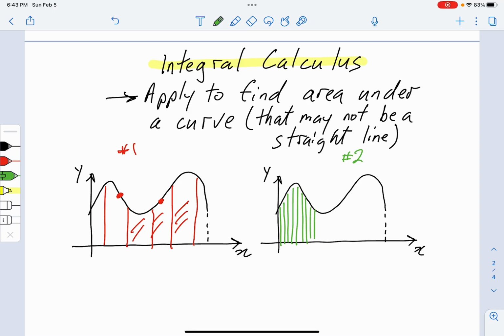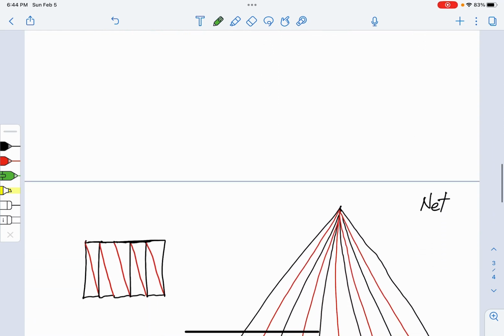The thinner these boxes are, the better our estimate would be. In fact, we can make these boxes infinitely thin. So that's a little bit of a look at integral calculus. We're going to see how this applies down below in very simple terms. Okay, back to our problem at hand.